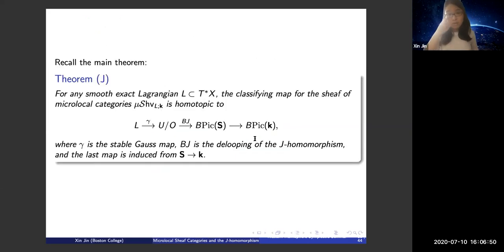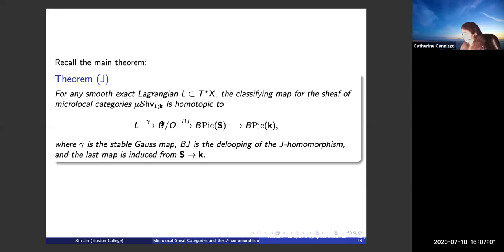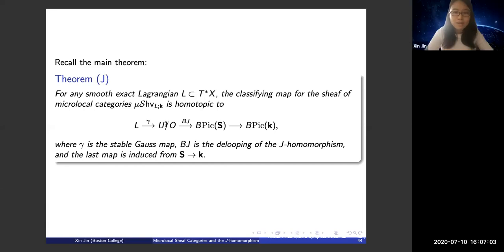And then for the second one, to B squared Z mod 2, actually that one factors through a sequence. You have U mod O, and then you go to BO, because you have this Lagrangian bundle over it, but it's also a plane vector bundle.